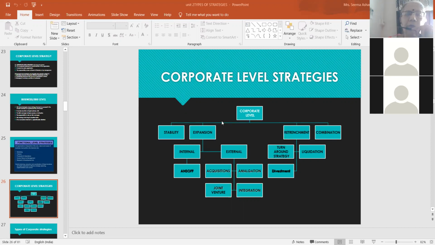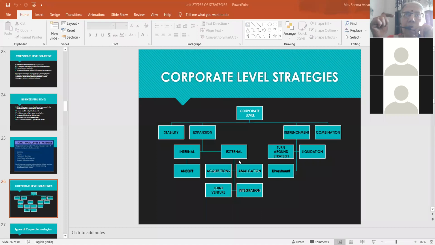In today's lecture, we are going to understand stability strategy. If you look at the chart, see every type is having more subtypes. So as you go ahead, more and more strategies will be added. So what I suggest to you all is that on a foolscape paper, take double sheet paper, draw a chart with the title types of strategy divided into three parts: corporate level, SBU level, and functional level.